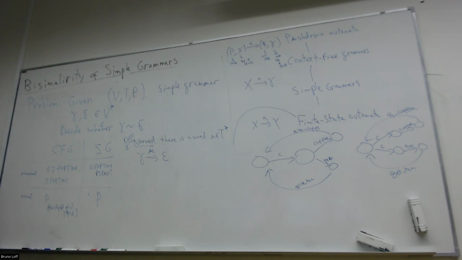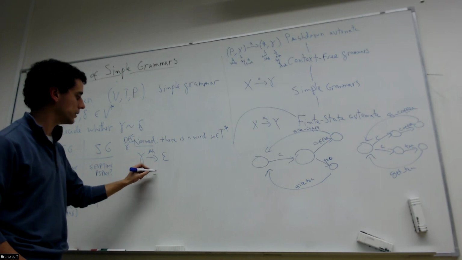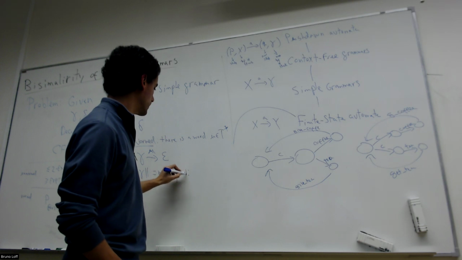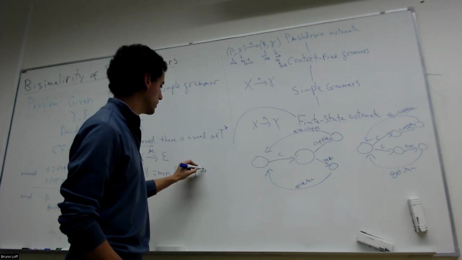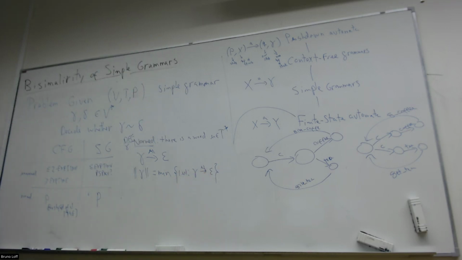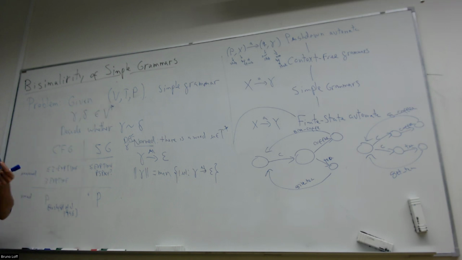And then we say that the norm of gamma is the minimum of the size of the words such that gamma gets to the empty word. In a normed grammar, every non-terminal symbol has a norm. And then the norm of a word is just the sum of the norms, so every word also has a norm.